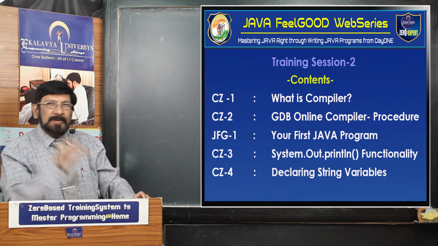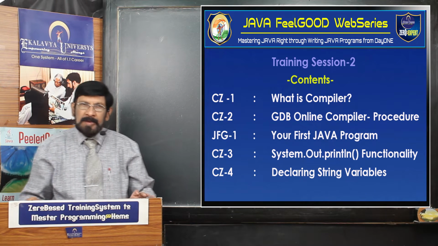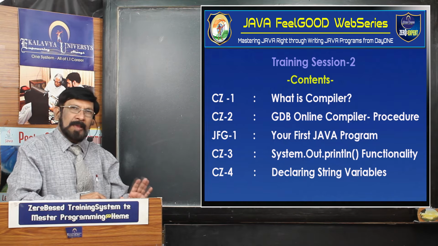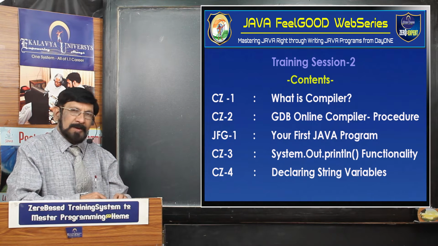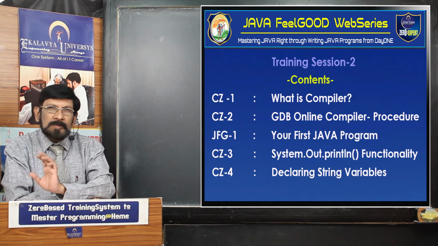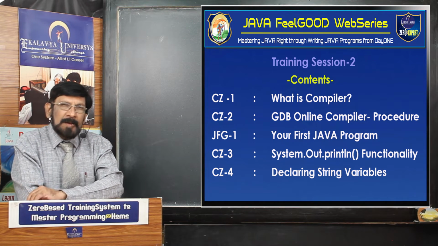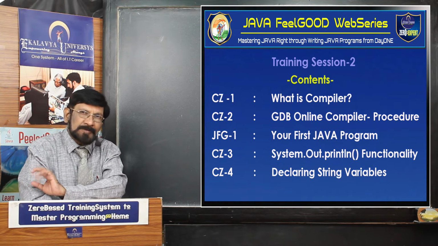Translator software is known as a compiler, and Java has a unique compiler, and I will explain about that. Okay, that is the first concept. Before learning any programming, you must know about the compiler. Without a compiler, you cannot write any program in any programming language. That is the importance of the compiler.